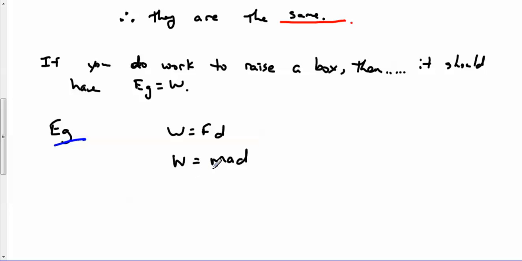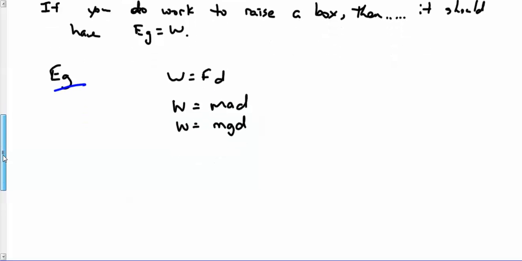When I'm dealing with gravitational potential energy, the acceleration due to gravity is 9.8 meters per second squared, so I'm going to change this A to a G.